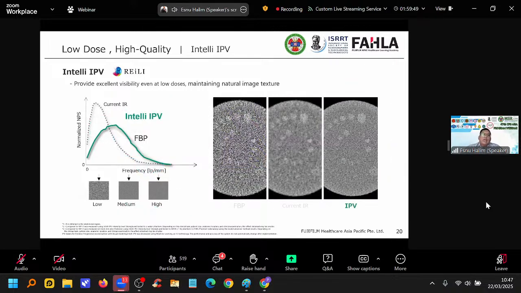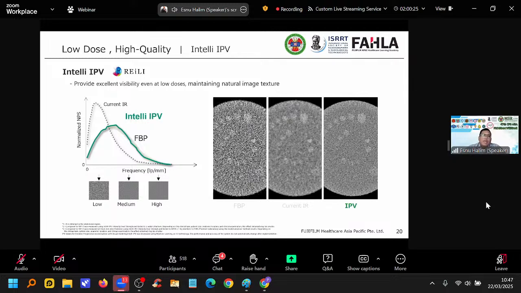So if you look at the normalized noise power spectrum graph here, over the frequency, you can see how high it is with the current iterative reconstruction. You can see the graph is shifted to the left, to the lower frequency, while when you apply Intelli IPV with visual modeling, it will mimic a similar quality, or even better in terms of quality, to the earlier filtered back projection with higher dose exposure.